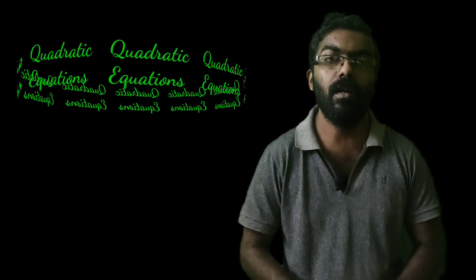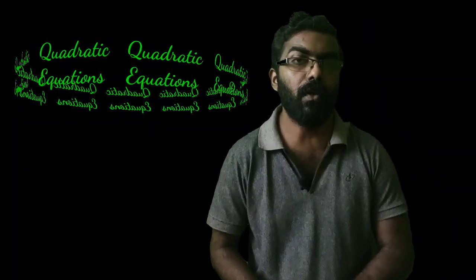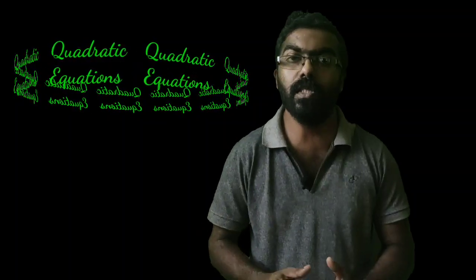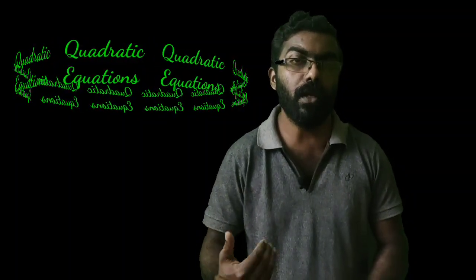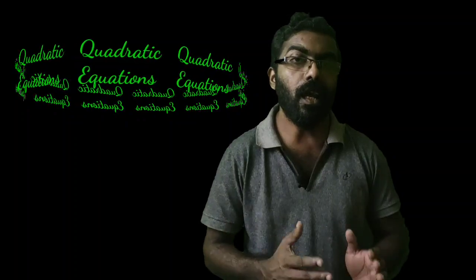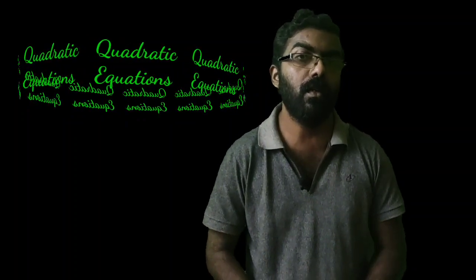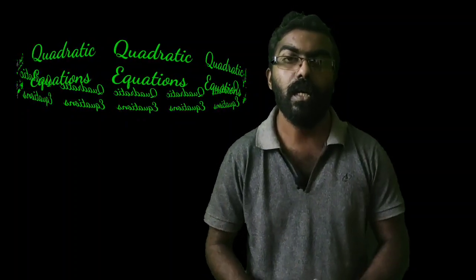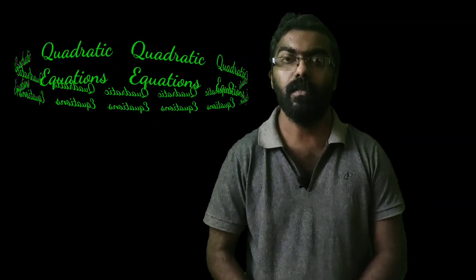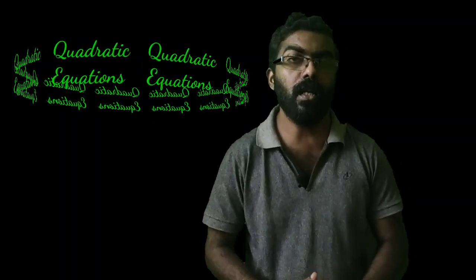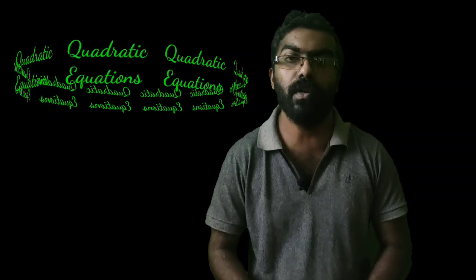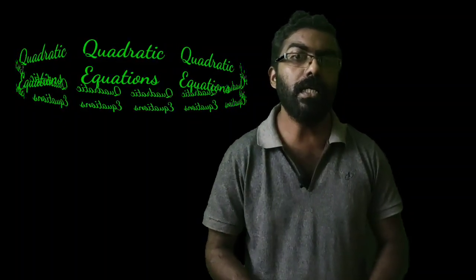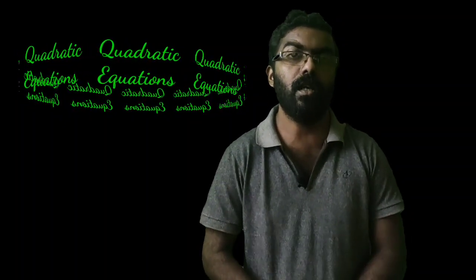So it's very simple. The standard form of a quadratic polynomial is what? Ax square plus bx plus c. And we can equate this to 0. That is ax square plus bx plus c is equal to 0. Now it becomes a quadratic equation. So the standard form or general form of a quadratic equation is ax square plus bx plus c is equal to 0.